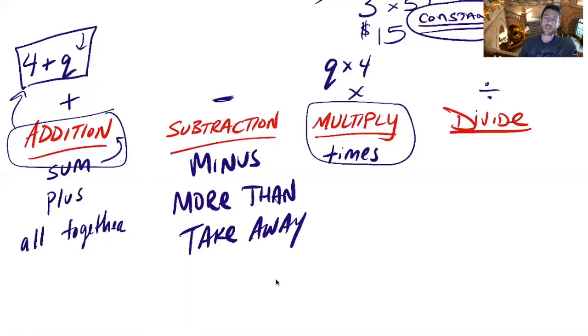But the thing that you always want to do with subtraction is write the variable first. Because remember, it matters in subtraction that the larger number comes first. We don't know if this number is going to be larger or smaller than the actual question, right? So if I have q minus 3, chances are the q is going to be bigger than 3.